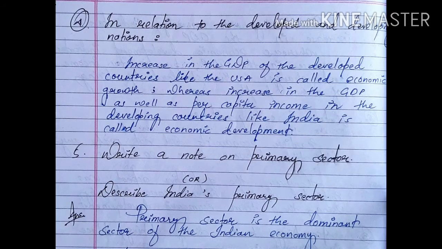Increase in the GDP of the developed countries like the USA is called economic growth, whereas increase in the GDP as well as per capita income in the developing countries like India is called economic development. Fifth question is write a note on primary sector, or describe India's primary sector. And the answer is: primary sector is the dominant sector of the Indian economy.